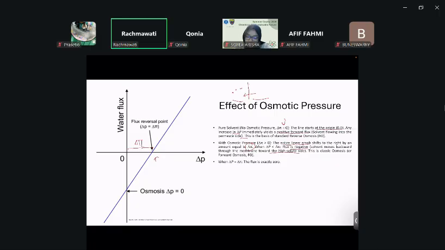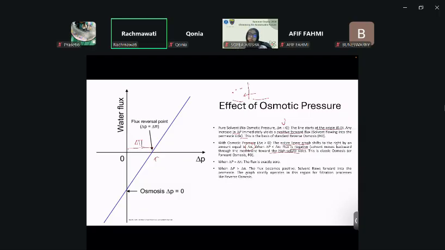It's an equilibrium, nothing going on there, no movement. What you do there is actually preventing osmosis. Naturally the water will move from the permeate to the feed solution, but when you apply pressure equal to the osmotic pressure, you stop the osmosis, and the flux is zero.